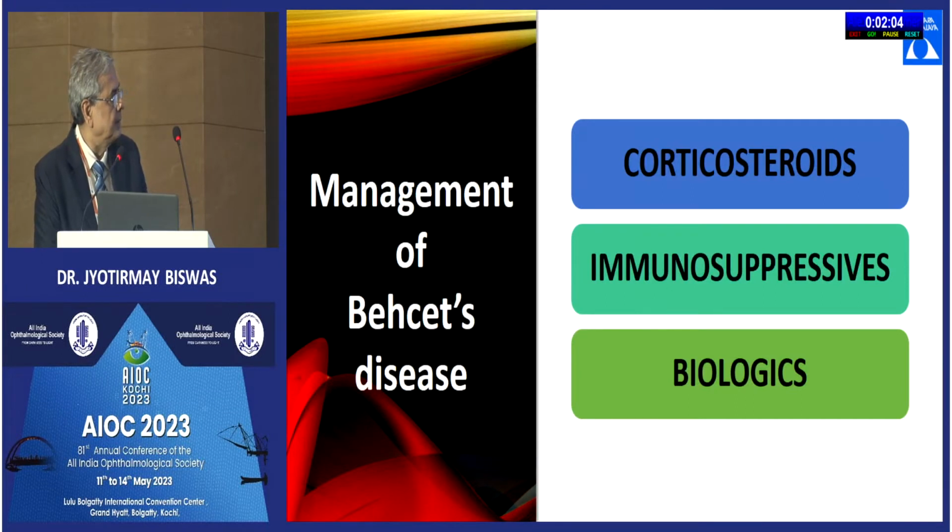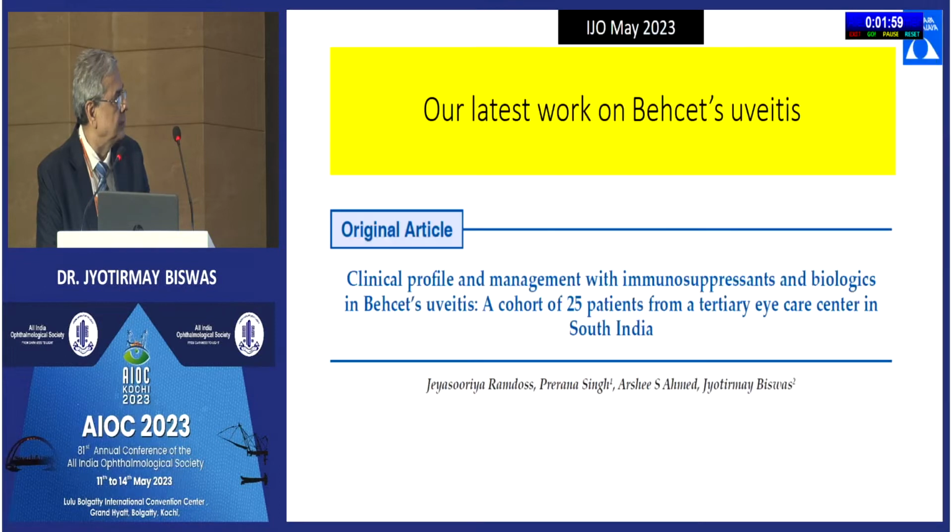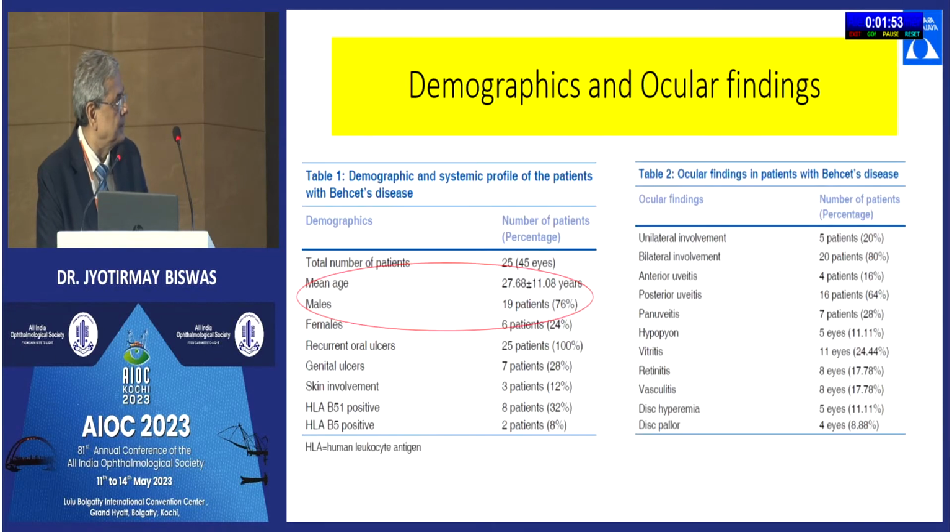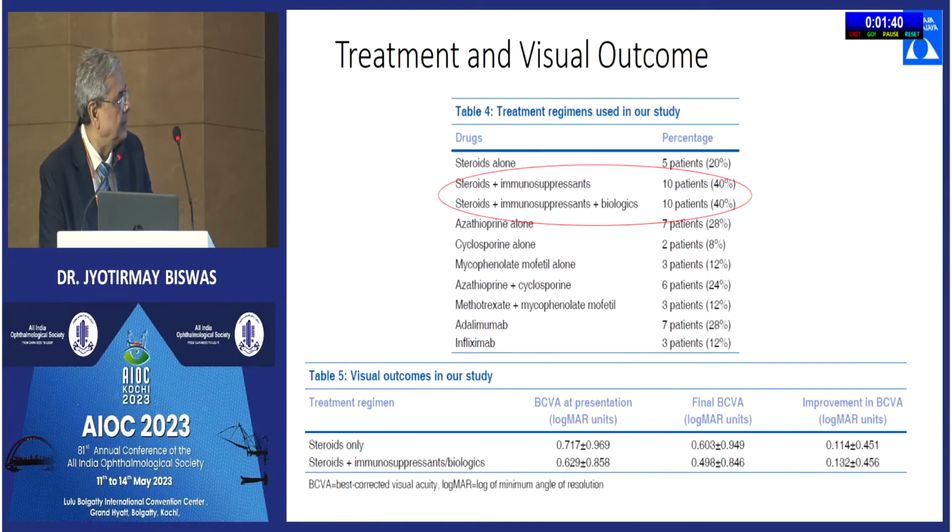The treatment is immunosuppressives, and now biologics have come in, along with corticosteroids. We published the clinical profile and management with immunosuppressives and biologics in Behçet's disease in the May issue of the Indian Journal of Ophthalmology. Majority of the patients were male, and posterior uveitis was the most common finding, followed by panuveitis.